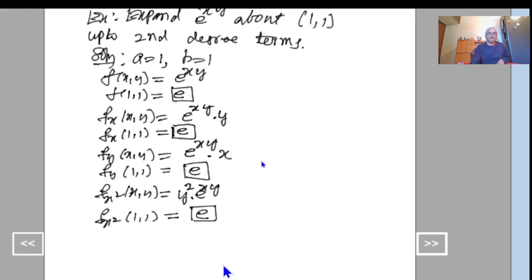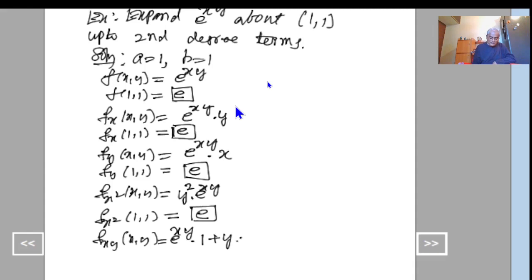Next, fxy. So I have to differentiate fx with respect to y. This with respect to y. Here we have to use the product rule. First function e power of xy into derivative of second is 1. Plus second function is y.